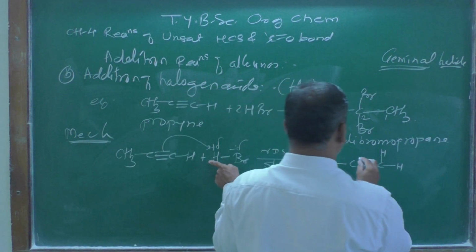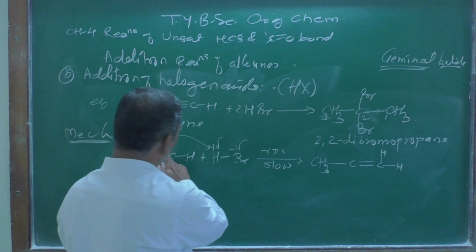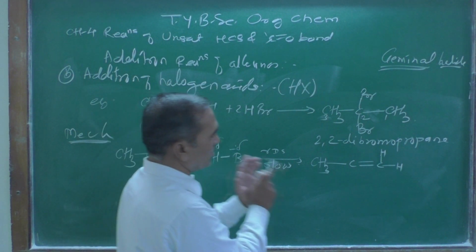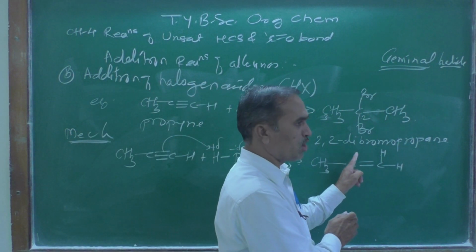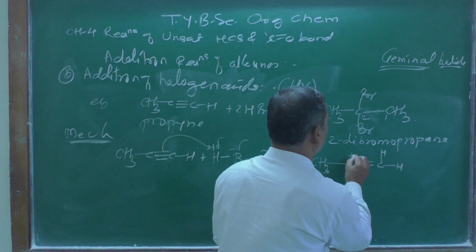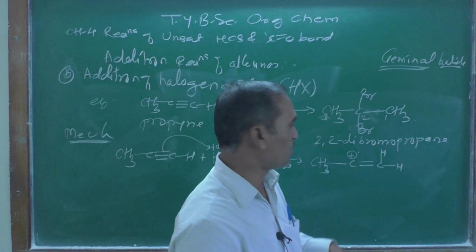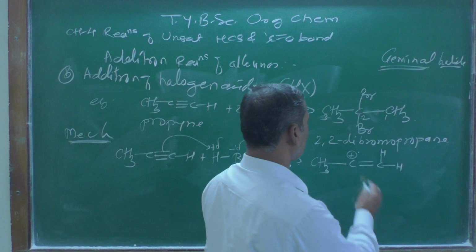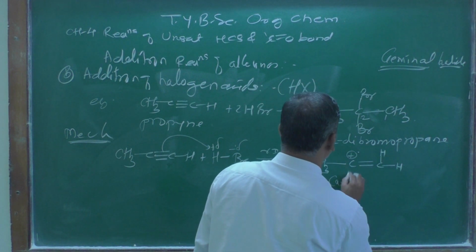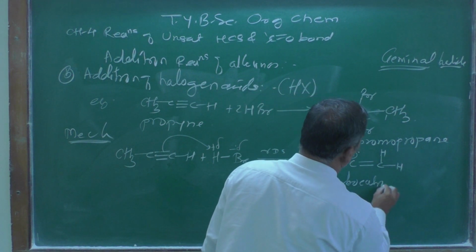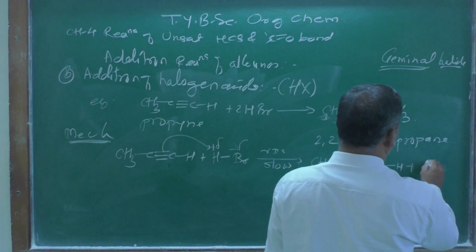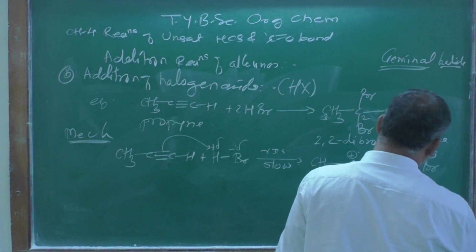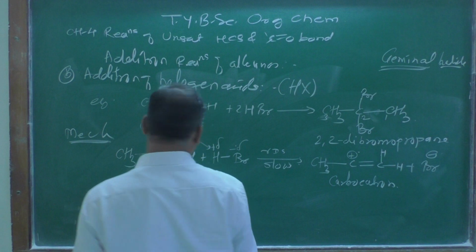And now when this double bond moves that side, what kind of charge is present on that carbon atom? It carries a positive charge, and that type of species, we know, is a carbocation or carbonium ion. And here Br minus is the leaving group.